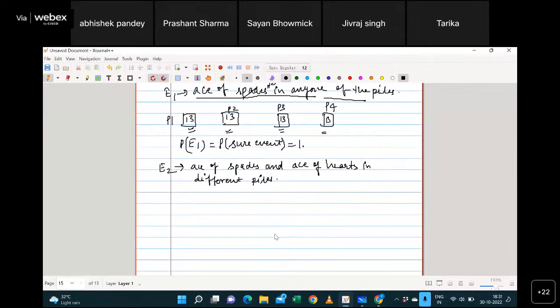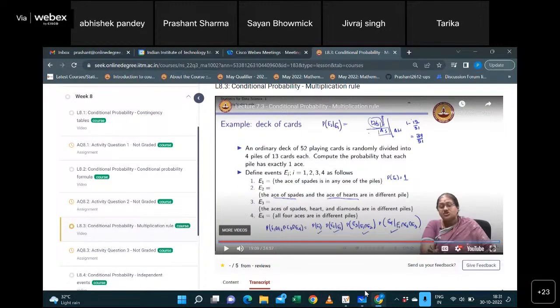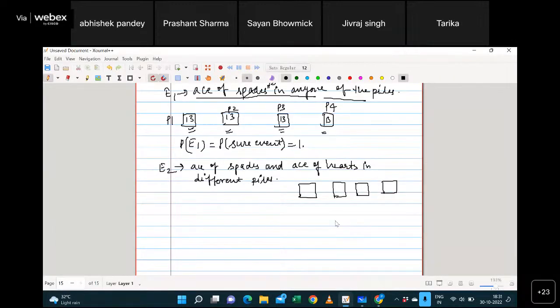See, we have 4 piles, right? So we can do the probability of E2 given E1. We can do that or not? Yes, sir. Since E1 has occurred, we can do that.